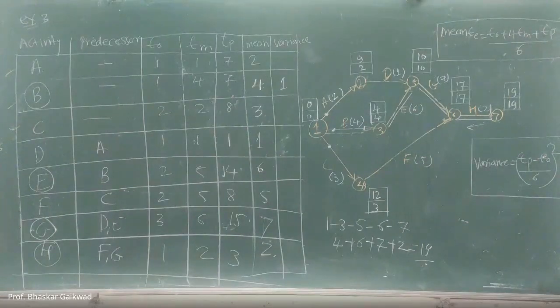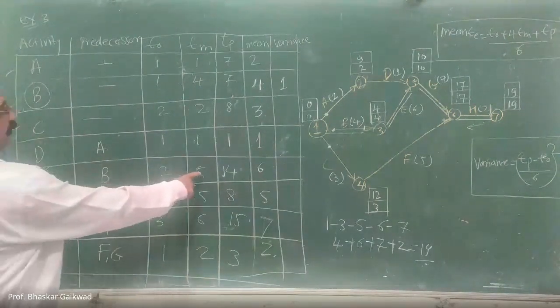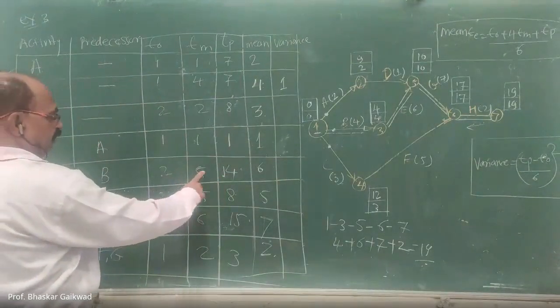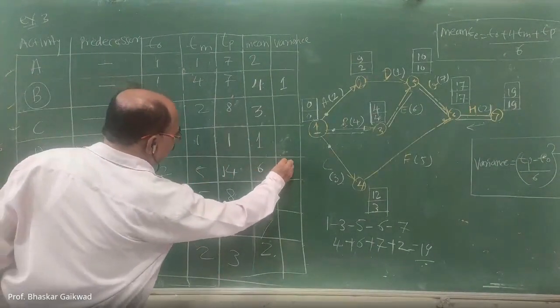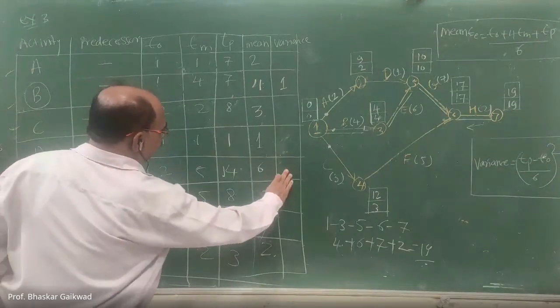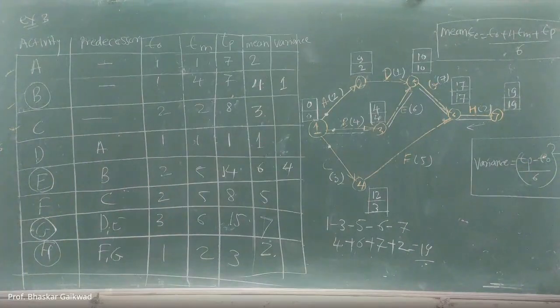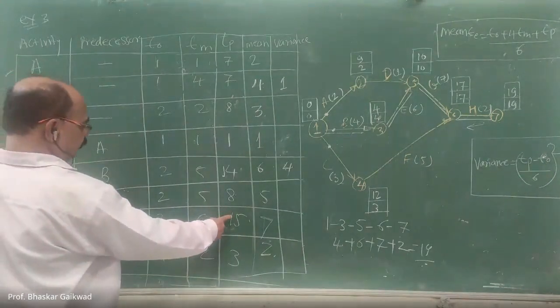And what is the variance for E? So this is E. TP is 14. 14 minus 2, 12. 12 divided by 6, which is 2, squared, 4. E is 4. Then G. G here is 15.